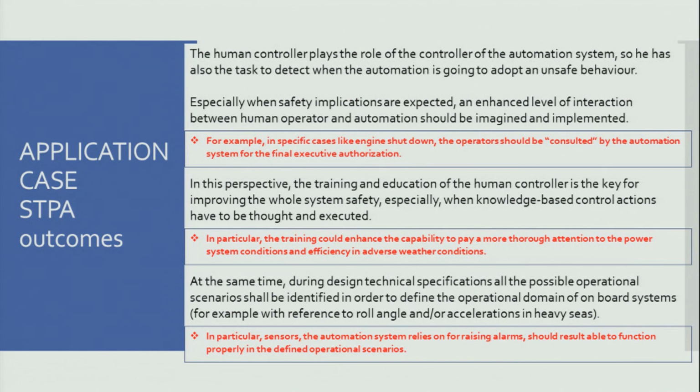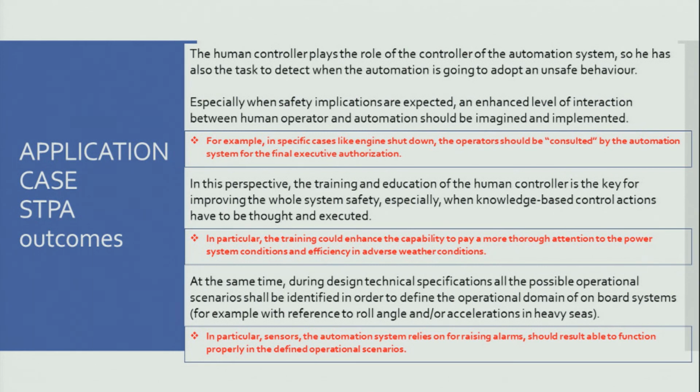In order to be practical and pragmatic, we tried to get some design suggestions from this scenario, and from, let's say, the capability of the automation to shut down the diesel generator close to the shore in heavy weather conditions.